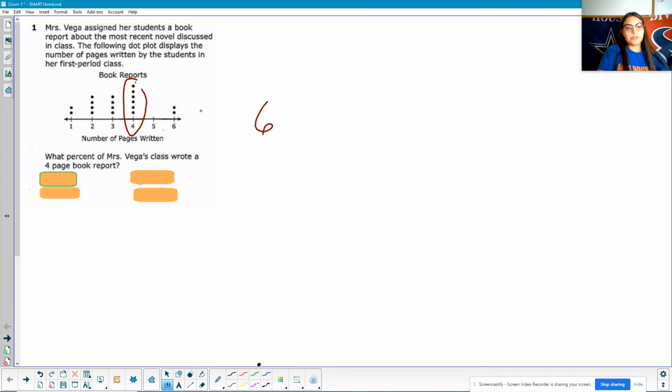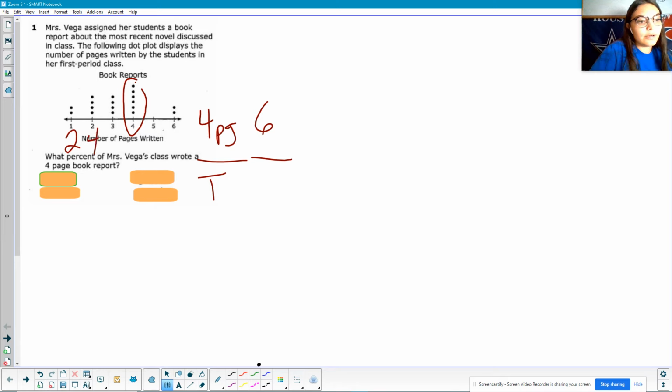So 6 students wrote a 4-page report, and we know out of the total amount of students, how many is that? So that's 2, 3, 4, 4, 6, 0, and 2. Adding that together, we have 6 plus 4 is 10, 16, 17, 18.